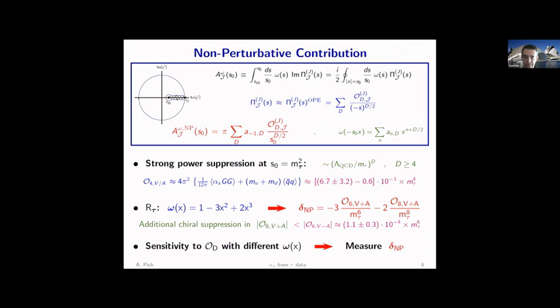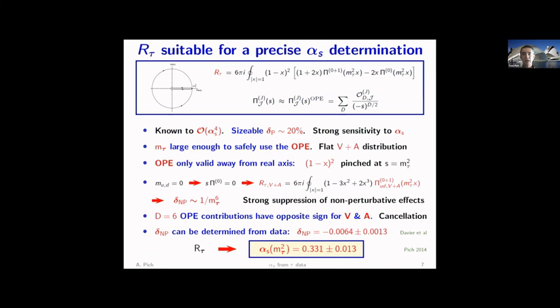So just summarizing all these points, you know that there is a QCD correction of the order of 20%. You know that alpha S is large, so you have a very strong sensitivity to alpha S. M tau is large enough to use the OPE. We have a quite flat vector plus axial distribution, which is the most inclusive one, and I will show it in a moment.